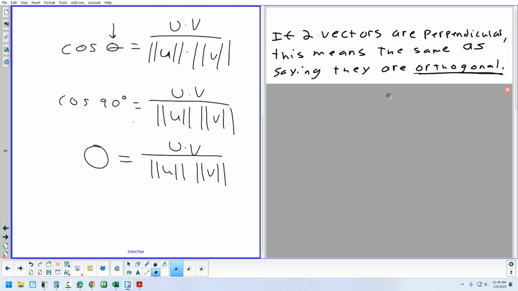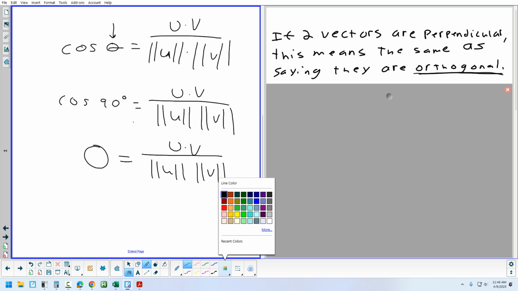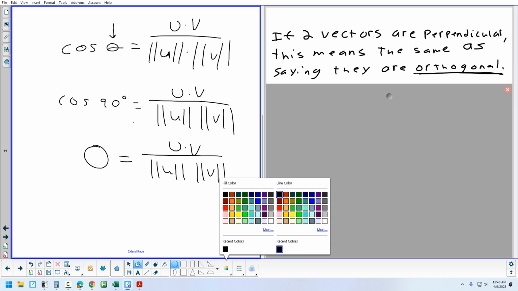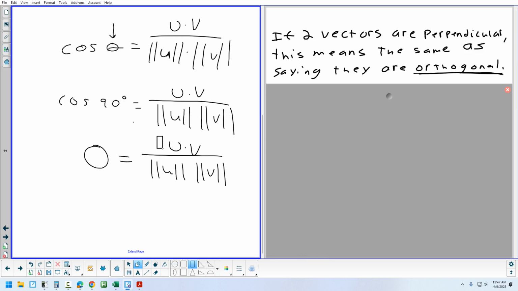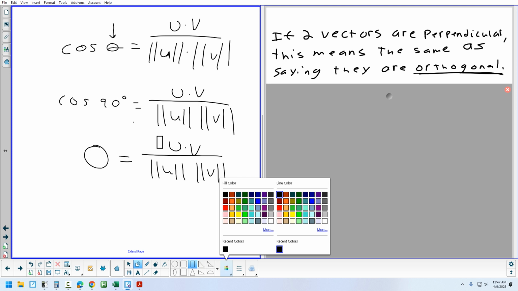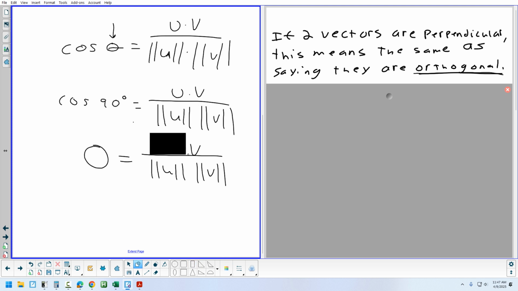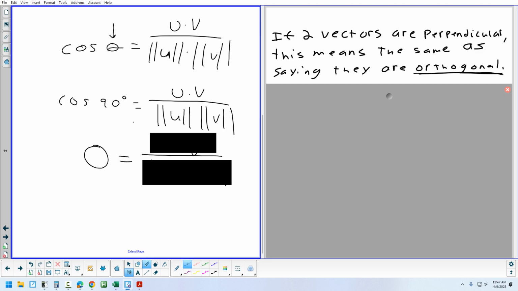But it doesn't really matter exactly what's in the top or in the bottom, because I'm going to block those things out for now. I'm going to block those things out like that and like that. It doesn't matter what's in the top or the bottom. Just look at what you have. A fraction equal to 0.